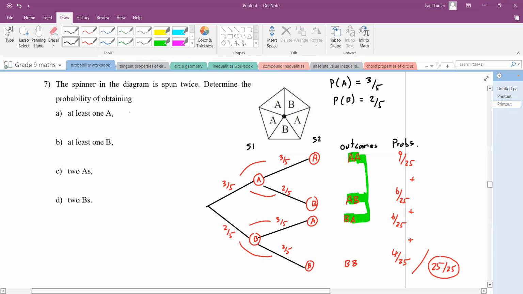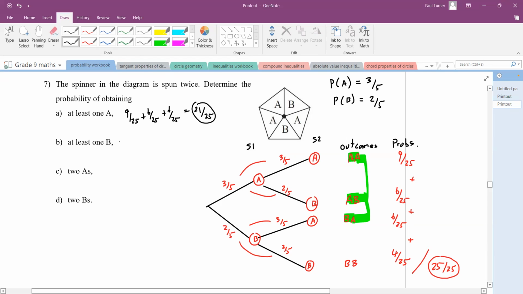So we're going to have 9 on 25 plus 6 on 25 plus 6 on 25. So 2 6s are 12 plus 9. That's going to be 21 out of 25. So it's quite highly likely you're going to get at least one A when you spin this spinner.